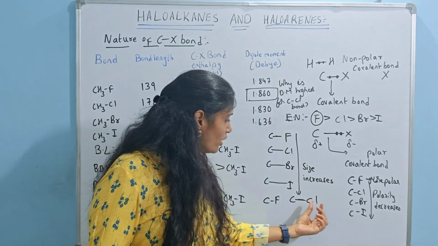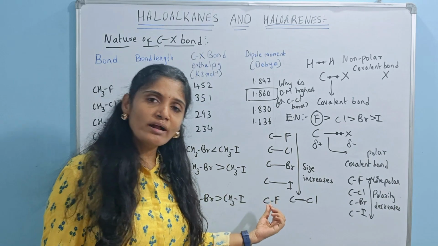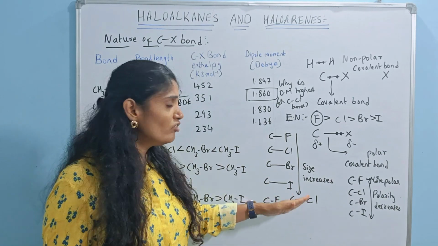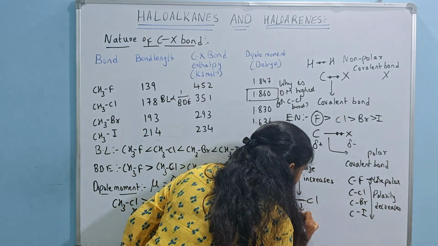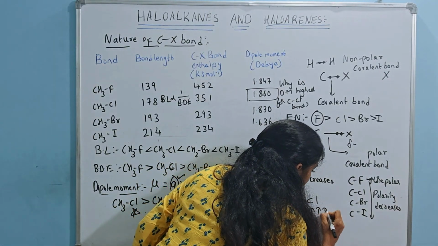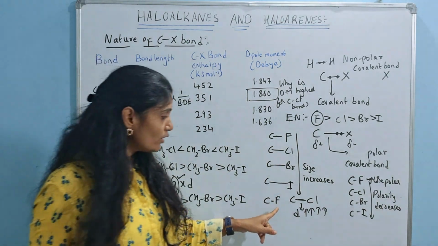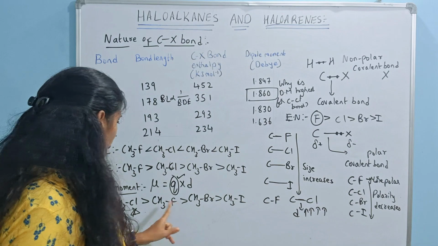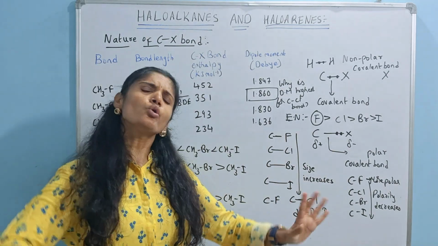Now when I come to fluorine and chlorine, though fluorine is more electronegative, leading to more polarity of the bond, which is expected, here the distance is very high. Though the charge factor dominates in fluorine, the distance factor of the CCl bond dominates too much.